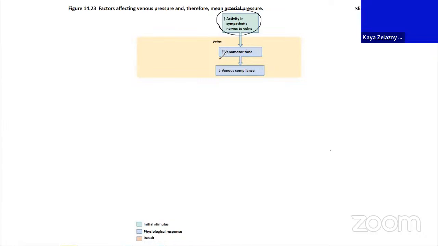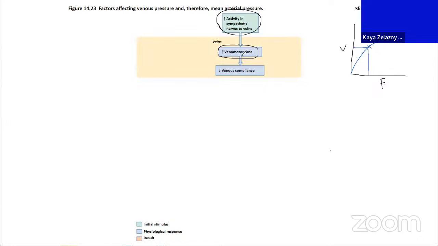We refer formally to that tensing up as an increase in venomotor tone. Okay. We have a decrease in compliance, right? So we saw that we had that relationship between volume and pressure that we describe as compliance. So usually in our big floppy state of the vein, we're up here, right? So a specific volume creates a specific pressure, okay?